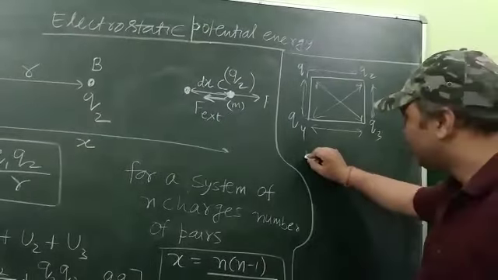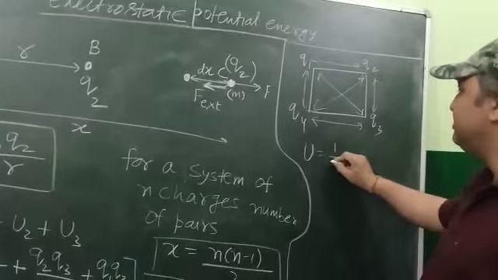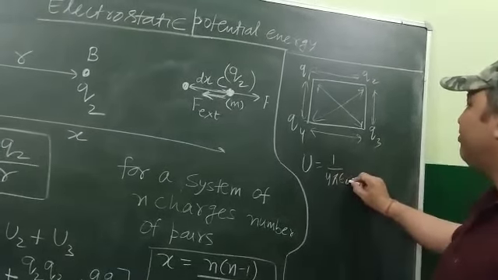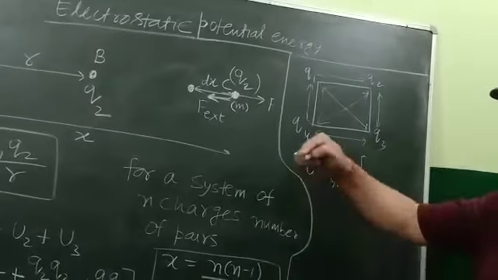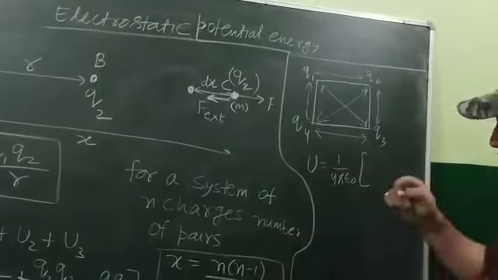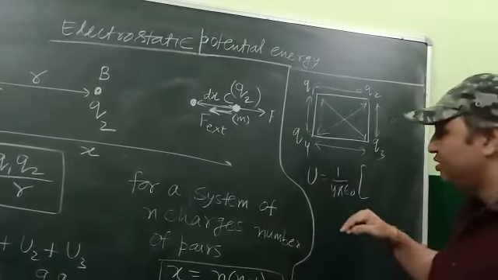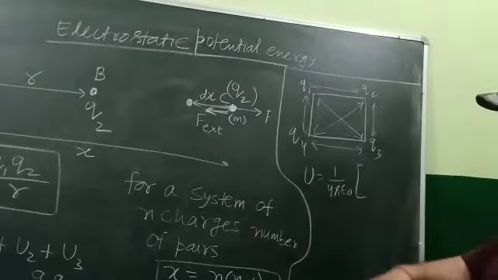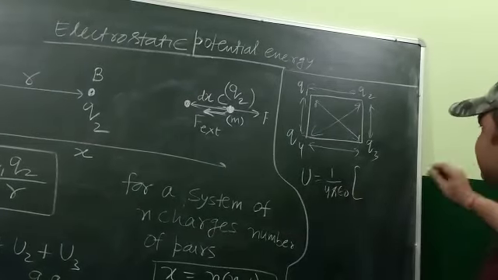So overall potential energy of the system in this case would be 1 upon 4 pi epsilon naught Q1 Q2 upon R12, Q2 Q3 upon R23, Q3 Q4 upon R34, Q1 Q3 upon R13 and so on and so forth. You can write 6 terms.